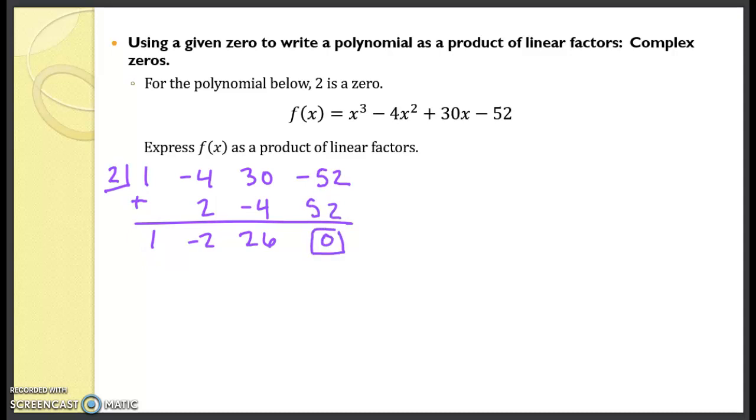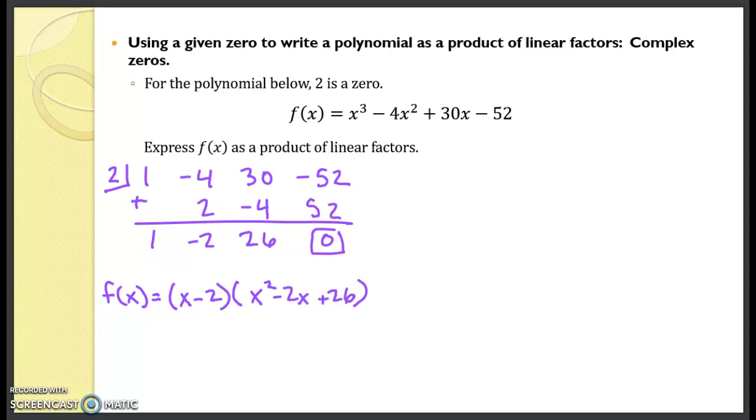Okay, so that tells me that f of x equals my x minus my zero times the quotient that I got, which is x squared minus 2x plus 26.